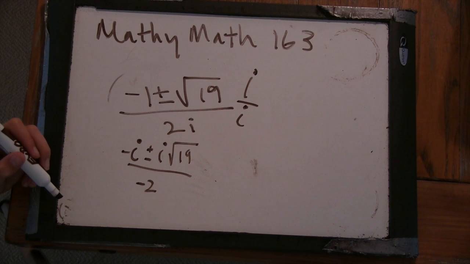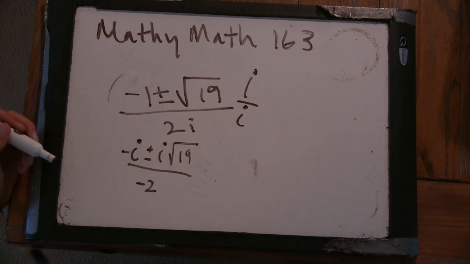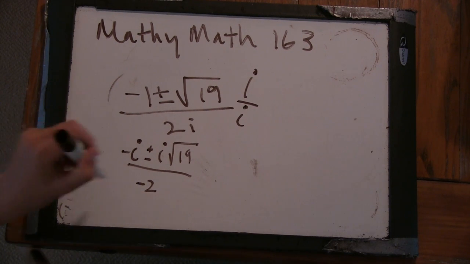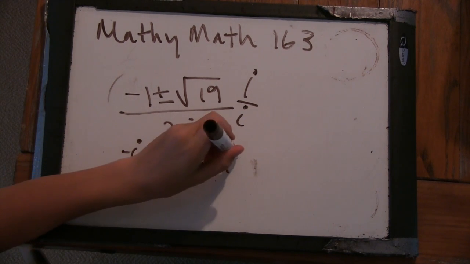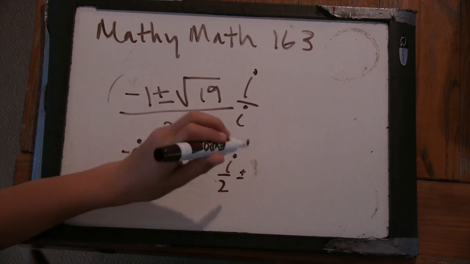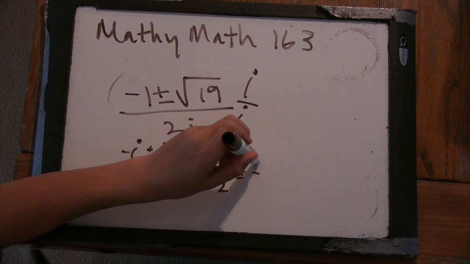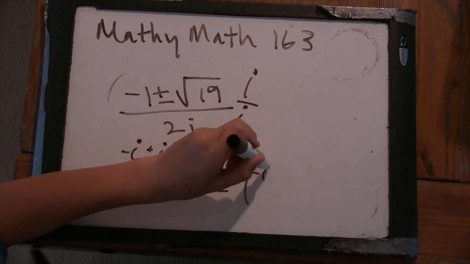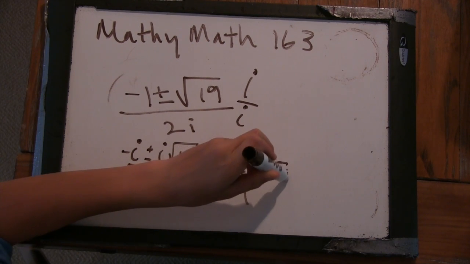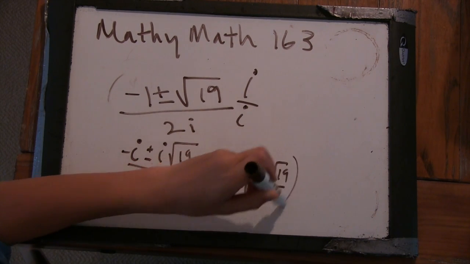Okay. So then we could move this around a bit more and say it's i over 2 plus or minus minus i root 19 over 2.